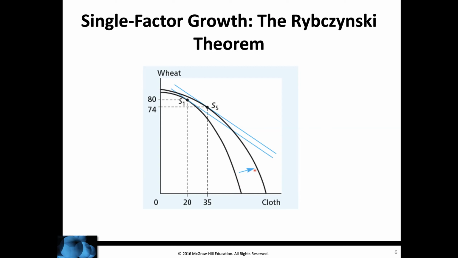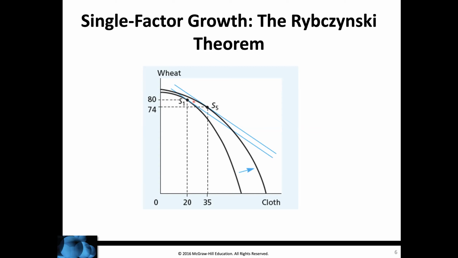We can see it increasing the production possibility curve for cloth, but not really increasing much for wheat. We start by producing 80 of wheat and 20 of cloth at point S1.